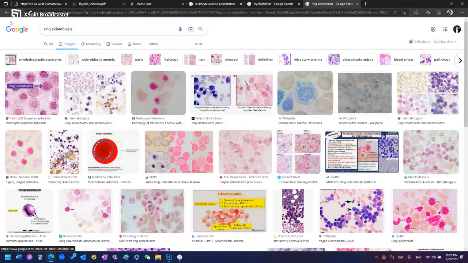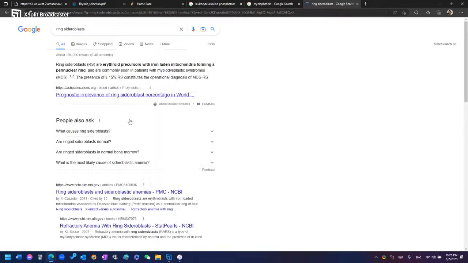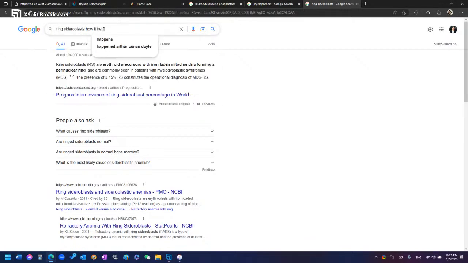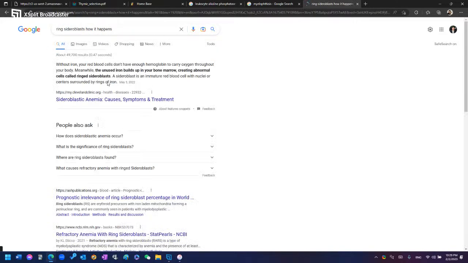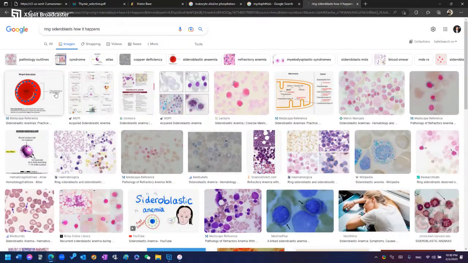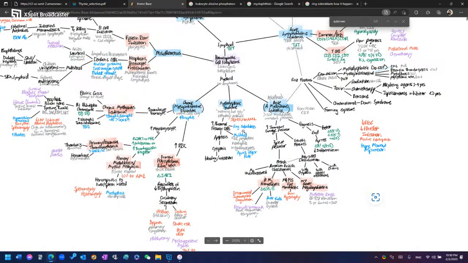Why do they gather in front of the mitochondria, not the ribosome? That's a question, right? I guess it doesn't have to be the mitochondria. It could be anything. You just have clumps of iron everywhere. A lot of iron in them.